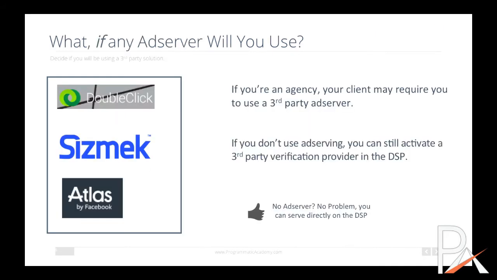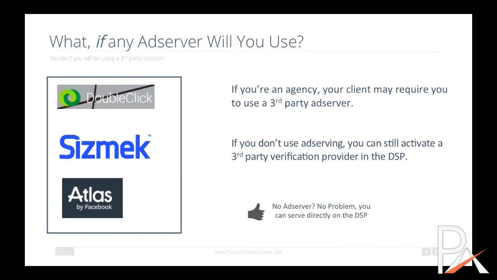What, if any, ad server will you use? If you're an agency, your client may require you to use a third-party ad server. I think that's pretty standard. Some of the main ad servers on the left there: DoubleClick, we all know, which is DFA, DoubleClick for Advertisers.